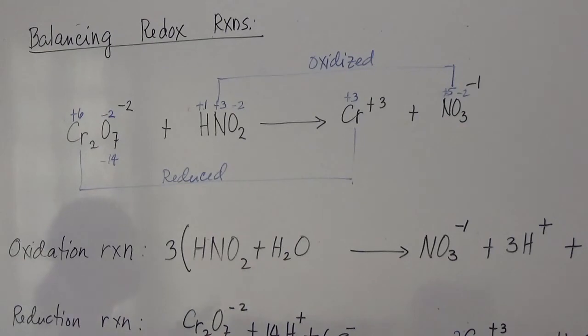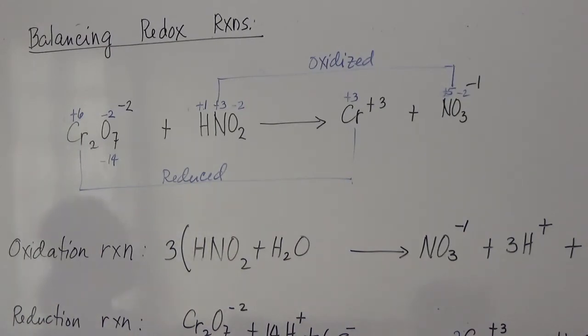Next, you balance the hydrogen by adding hydrogen ion on the opposite side of the equation. Once done, you balance the charge by adding electrons. Take note, electrons are negatively charged, so usually electrons are added to where the hydrogen ion is found.